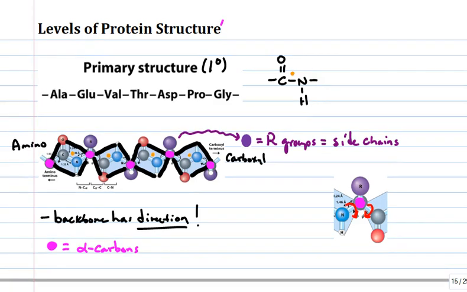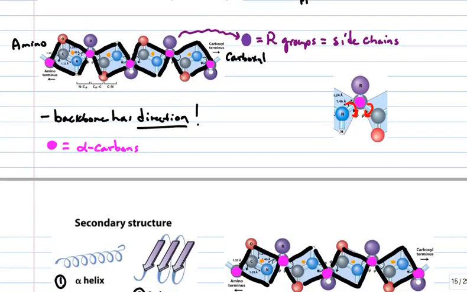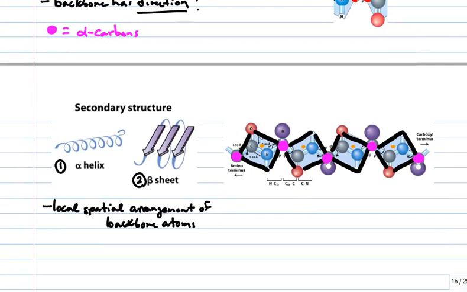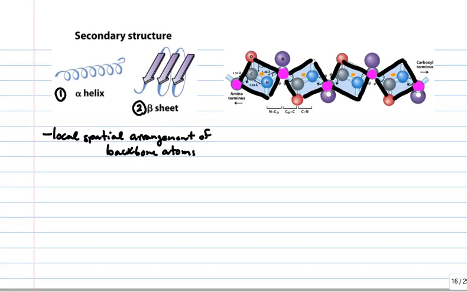Okay? So let's talk about secondary structure. So I've already captured the backbone atoms here and the planes and the alpha carbons as these pink dots, big dots. We know that there are three major types of secondary structure, and this has to do with local spatial arrangement of the backbone atoms.